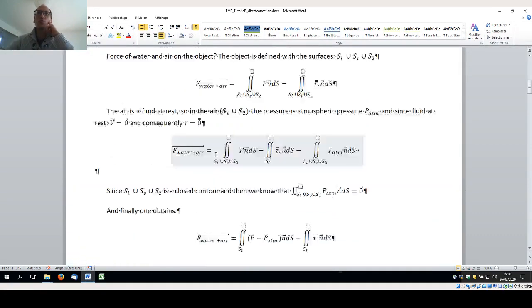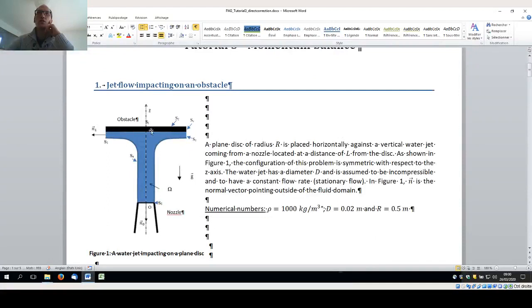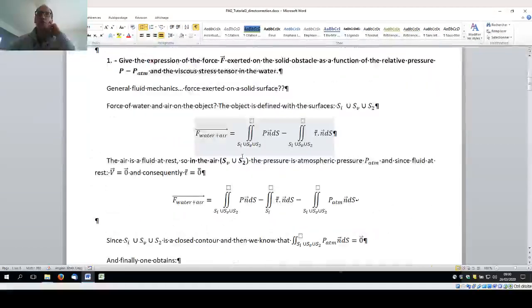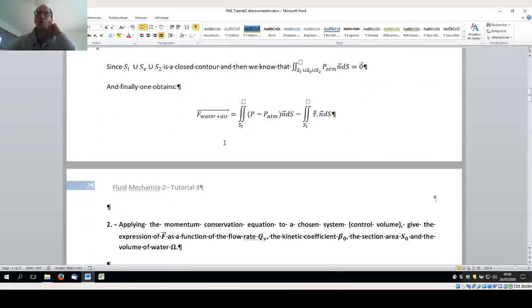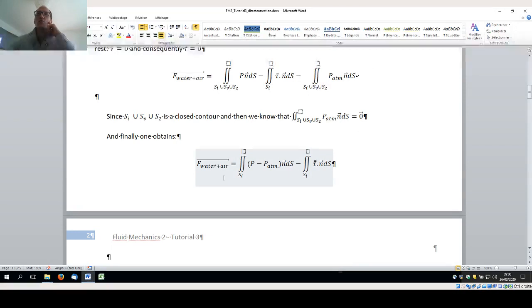You have the own weight of the object that may appear if you want to express all forces exerted on the obstacle, but here we are just doing fluid mechanics. From a fluid mechanics point of view, the force exerted by fluids has only surface forces, because the forces are exerted through the surface considered, through pressure and viscous forces.